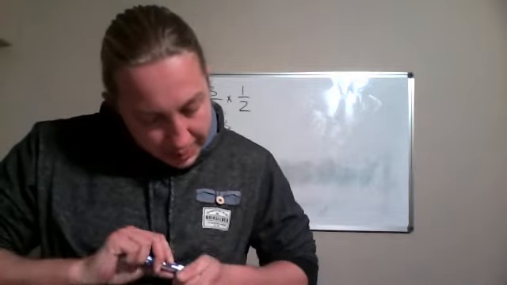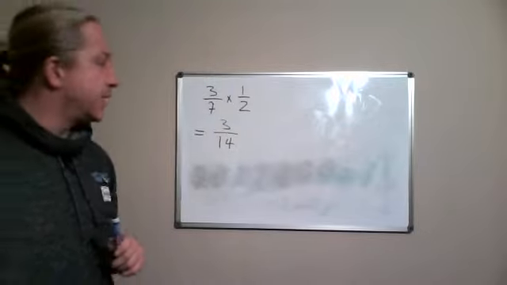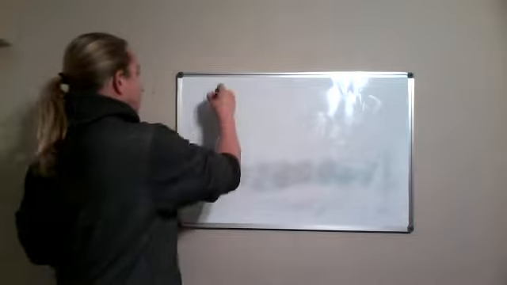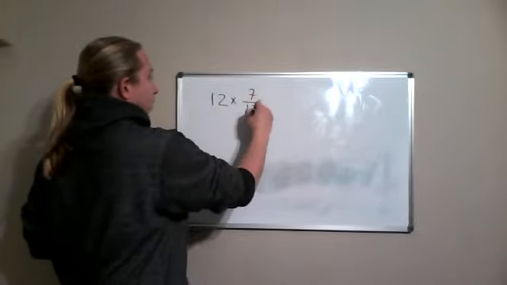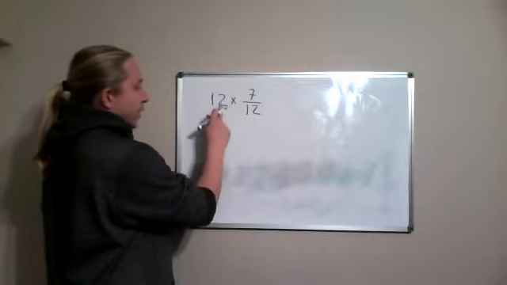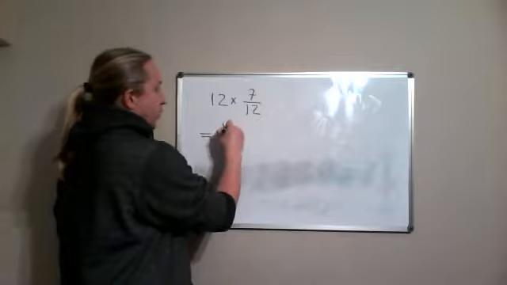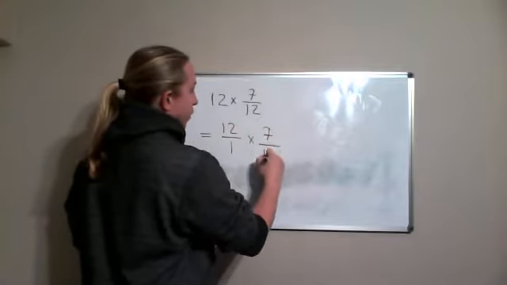Now, let's look at D. We have 12 times 7 over 12. Well, the only thing to do is to put this over 1. So we have 12 over 1 multiplied by 7 over 12.